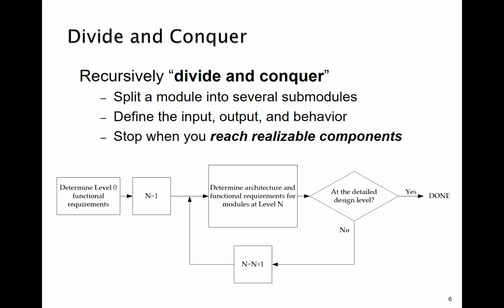Apparently, level 1 is design architecture, so we go back to the design and then iterate and take N to 2, and then we repeat this until we reach the detailed design, where all components at the circuit level should be defined.